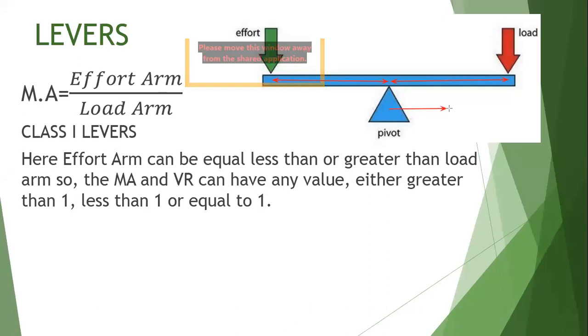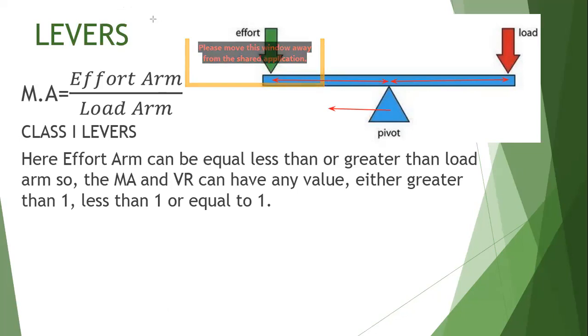Assume I shift this fulcrum towards the right. What will happen? You will find that your effort arm will be more and the load arm will be less. That is one possibility. Or if you shift your fulcrum towards the left, you will find that your load arm will be more and the effort arm will be less.